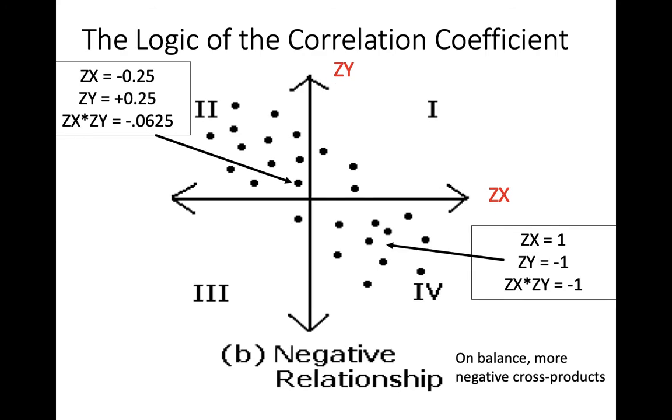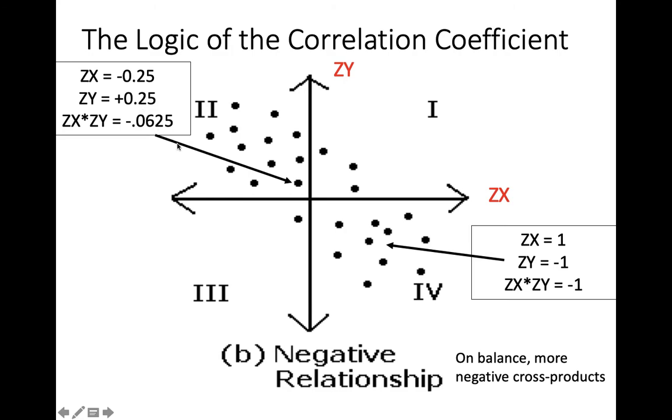With a negative correlation, it's the same principle. So here we've got scores that are deviating in a positive direction on our x variable, but in the negative direction on our y variable. What happens when we take the cross product? We get a negative cross product because a positive times a negative is a negative. Same thing in this quadrant. Deviating ever so slightly in the negative direction on x, positive direction on y, so above the mean on y.